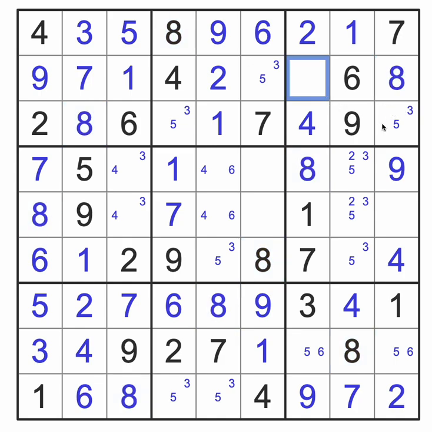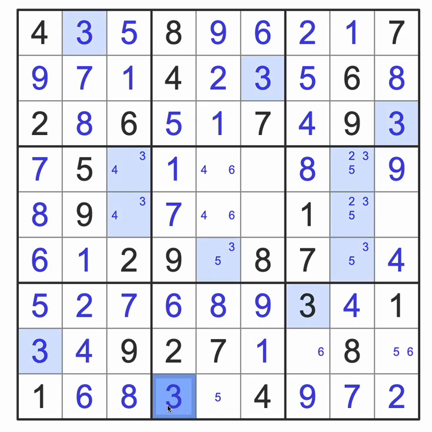Now this cell is also 3 or 5, but 3 is already here. So this is 5. That should give me a lot of numbers.